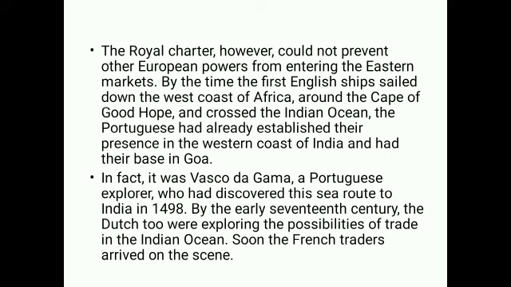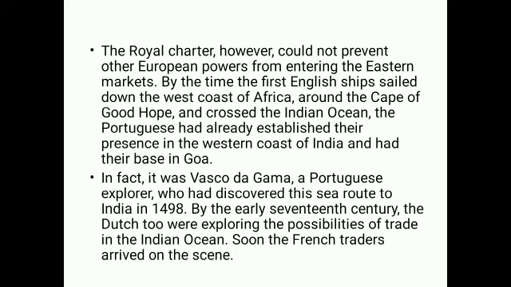Now, the Royal Charter, that is the royal order of Queen Elizabeth I, could not prevent other European powers from entering the Eastern market. That order stays for the British company, but other European countries were also trying to enter into the Indian market. By the time the first English ships sailed down the western coast of Africa around the Cape of Good Hope and crossed the Indian Ocean, the Portuguese, the people who belong to the European country Portugal, had already established their presence in the western coast of India and had their base in Goa.